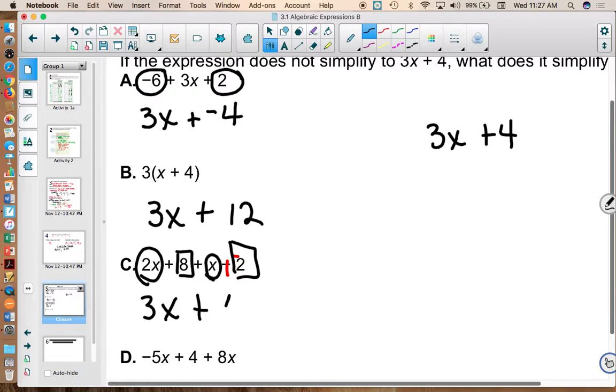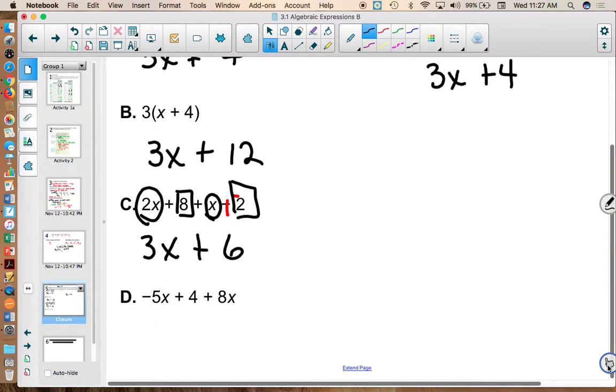Doesn't work. That means it should probably be D. But I'm not going to make the guess, because what if the answer page was wrong? What if there was a typo? So, I have negative 5x and 8x. When you combine those, what do you get? 3x plus 4, because that's the only thing left. So D is my correct answer.